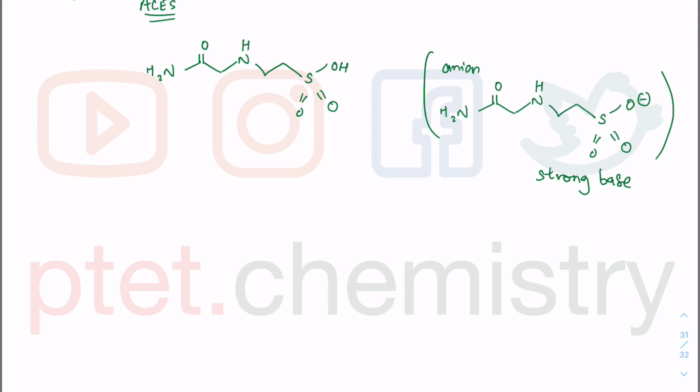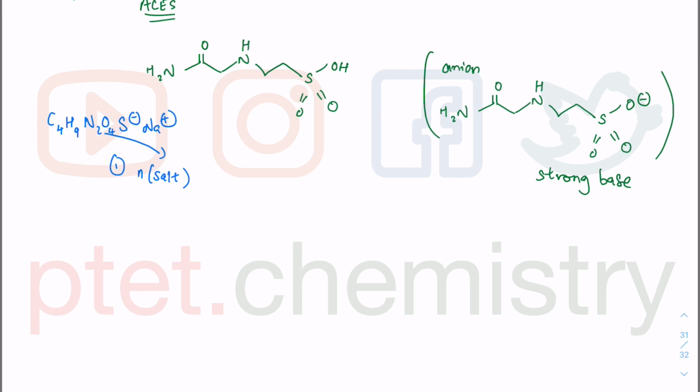So what can I say from this information? I want the pH of the buffer. First of all, I will get the mole of the salt, and the salt that I have is going to be C4H9N2O4S- Na+.